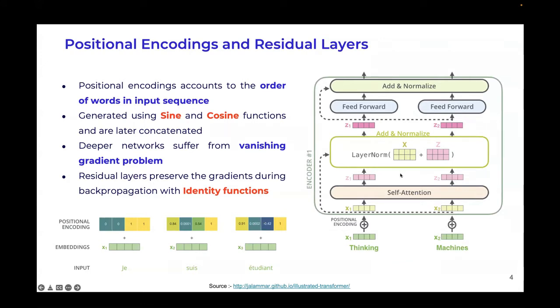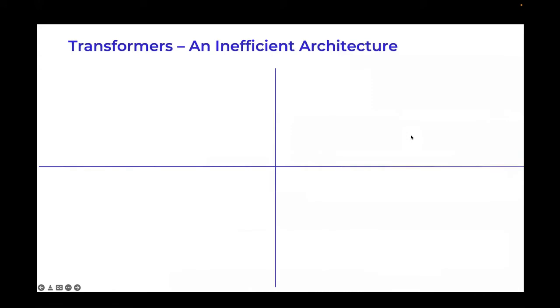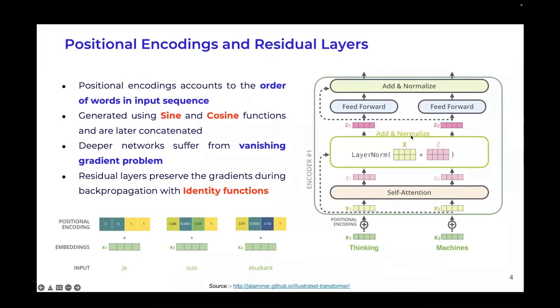And later on in the encoder part, you can see the addition and normalization layer. So here what basically happens is, since I mentioned the BERT small and BERT base, it is having 12 layers of encoder and 12 layers of decoder.